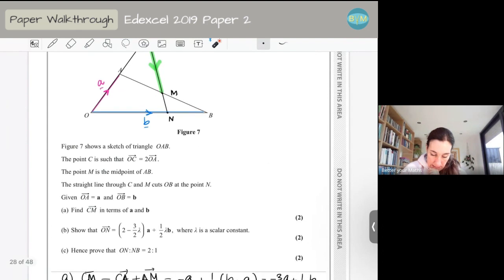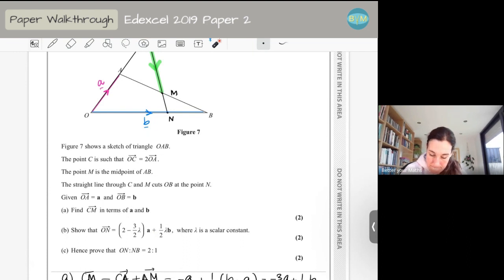Then another part says, show that ON is this coefficient multiplied by A plus 1/2 of lambda multiplied by B. How can we do that?